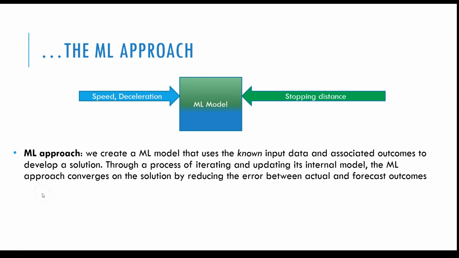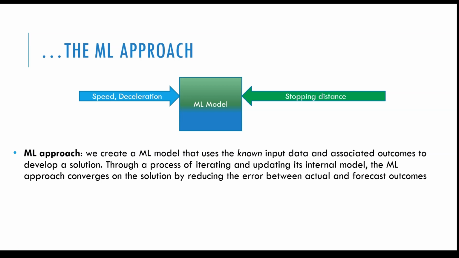In a nutshell, what happens is, based on its current settings, the ML model creates a forecast of the stopping distance. It then compares this with the actual stopping distance, and based on the difference, updates its internal settings. The objective the model has is to narrow the gap, or if you like, the error between the actual and the forecast stopping distances.